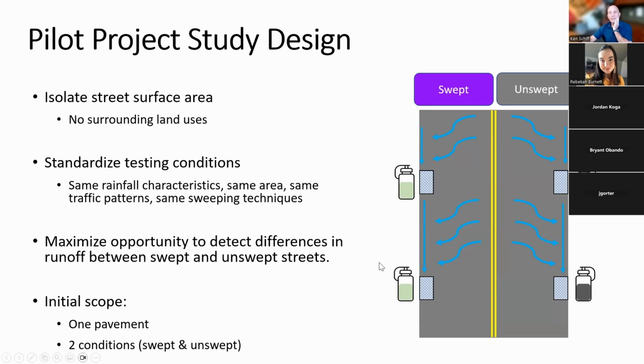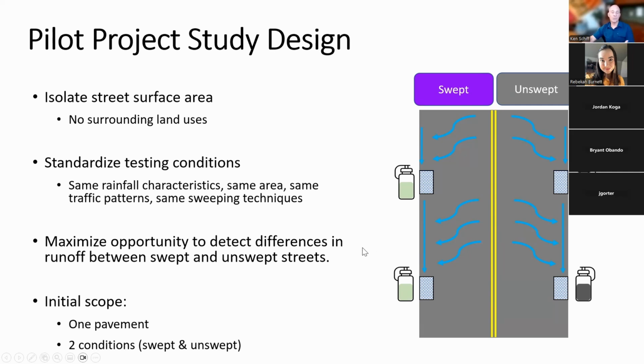Here's the generic study design, or conceptual approach, whatever words you want to use. The idea is to isolate the street, not the surrounding land uses, just the part you're sweeping. So you really test half of a street that's swept and the other half that's not swept.